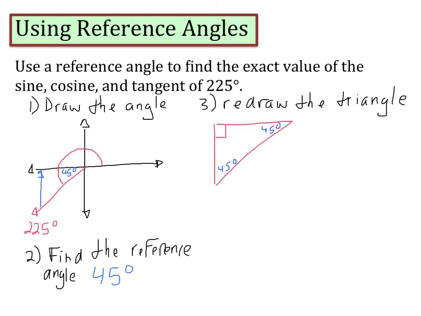Now, we know the ratio of the sides of a 45, 45, 90 triangle. We know that usually this side's 1, this side's 1 as well, and this side is the square root of 2. But we have to think about these compared to the x and y plane.